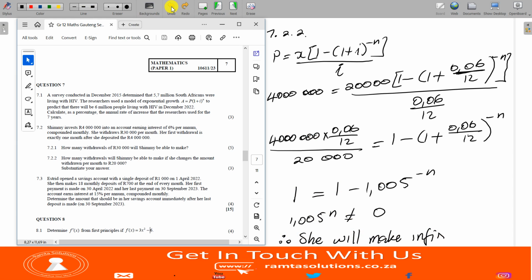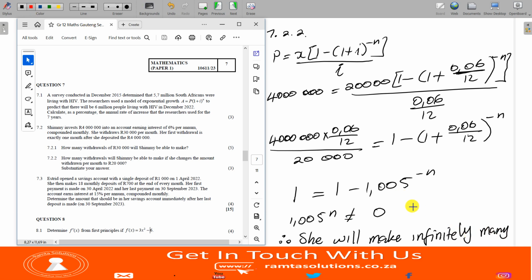So this means, depending on her age when she deposits this 4 million, for the rest of her life she will be withdrawing 20,000 every month. So she will make infinitely many withdrawals. As you can see, it's impossible. Let me write it down for you.